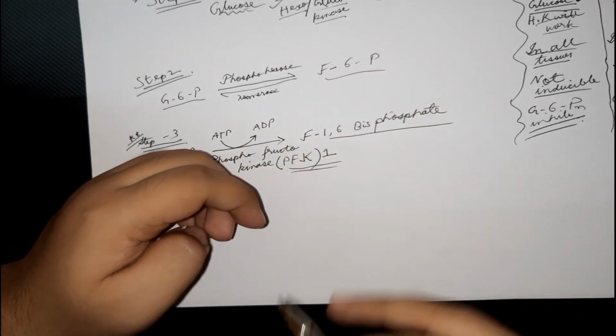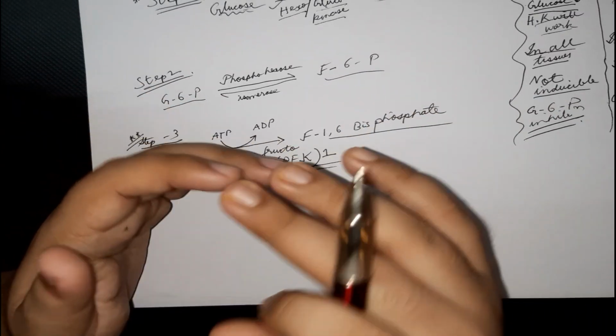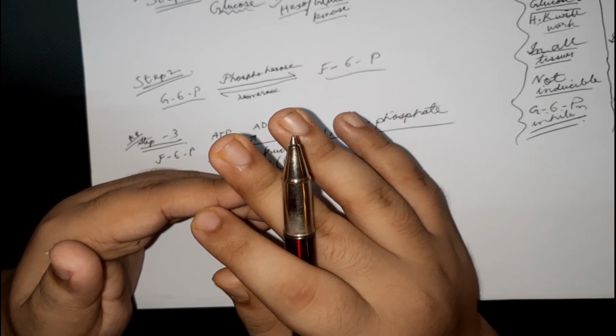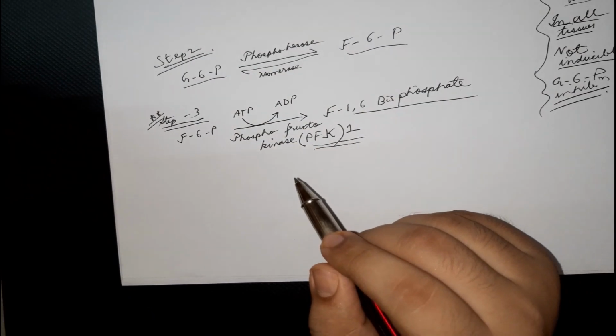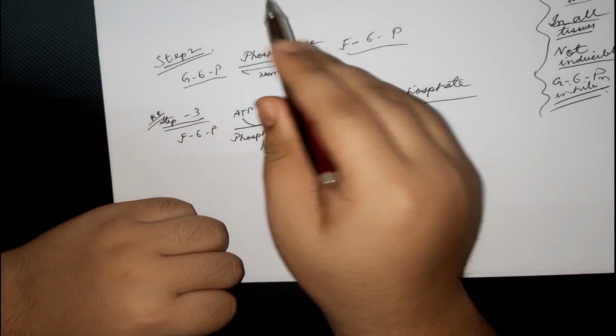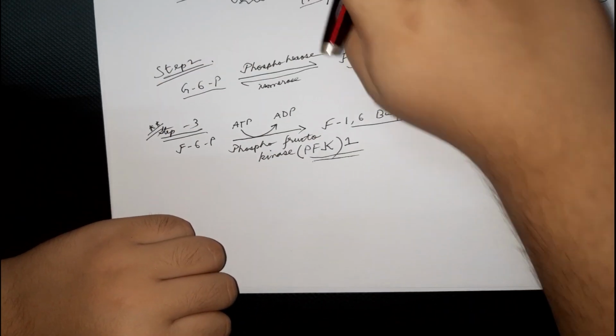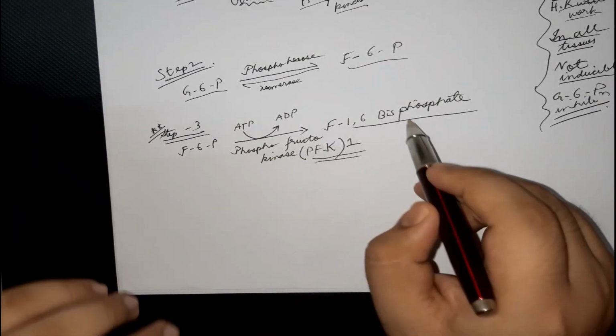So once we chalk down all the steps, we'll summarize. When we'll be summarizing it, we'll talk about it, okay? Now we have completed 3 steps of glycolysis. These 3 steps: step 1, glucose to glucose 6 phosphate, step 2, glucose 6 phosphate to fructose 6 phosphate, and fructose 6 phosphate to fructose 1,6 bisphosphate.